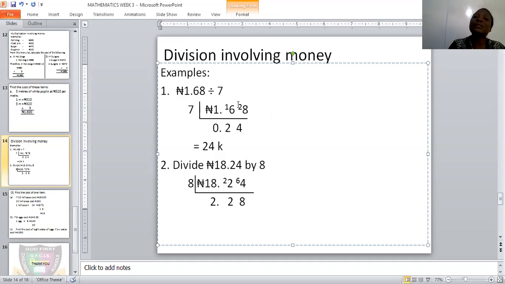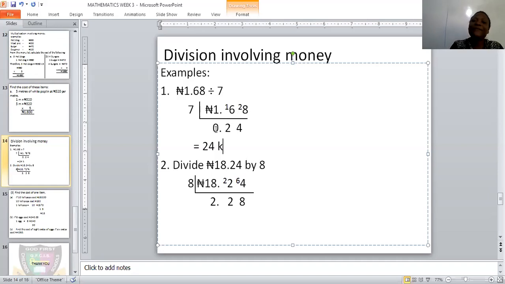How many times do you see 7 in 28? 7 times 4, 28. I've got my 28. 4 times. So the answer is 0 naira 24 kobo. That is not sweet to our ears, so you write it as 24 kobo.